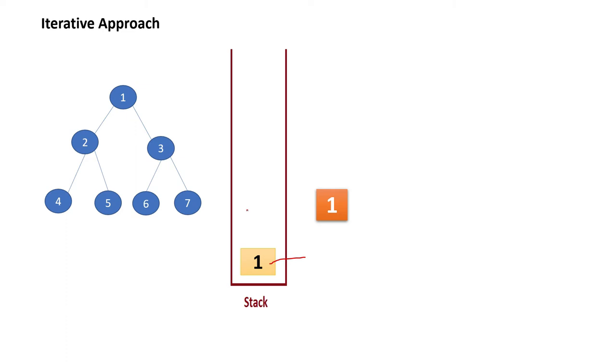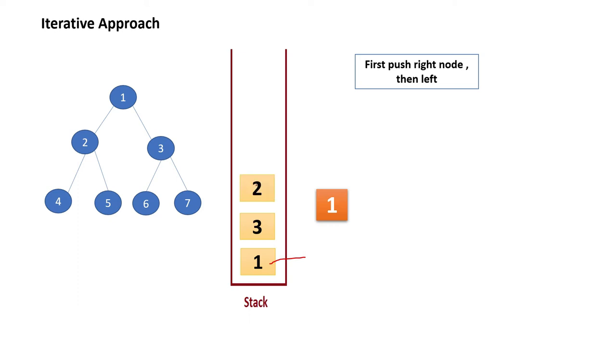But one thing to mention here: we will first push the right side node, then the left one. Why? Because when we pop again, we have to go to the left side first, right? So that's why we push the left side node later, so that we get it on the top. So now 3 and 2 are pushed.